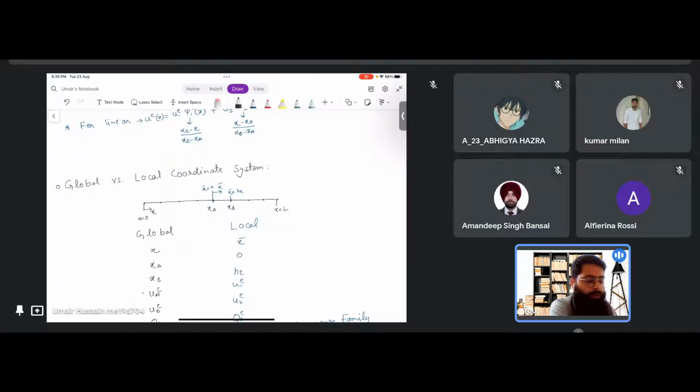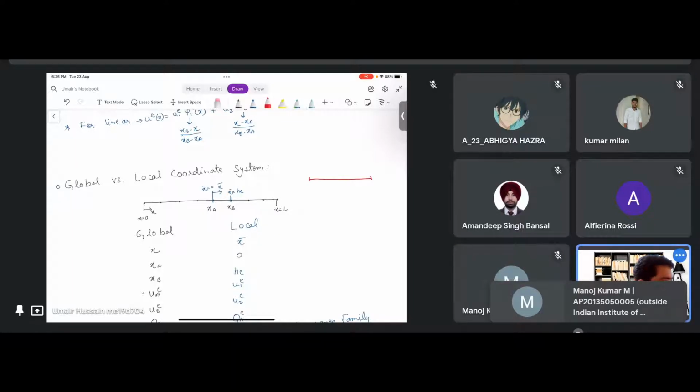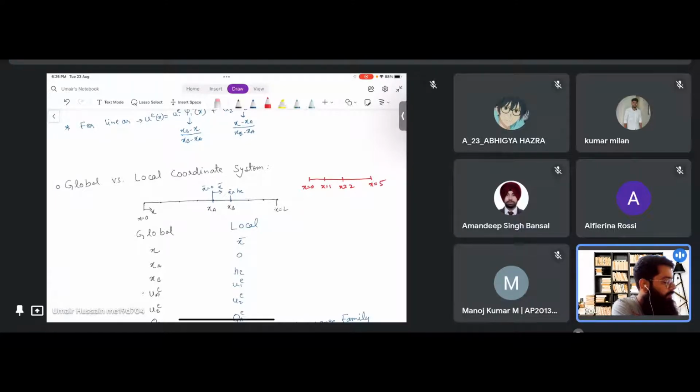We have a global coordinate system applicable when we look at all elements on a large scale. This is our domain, from x equals 0, x equals 1, up to maybe x equals 5.